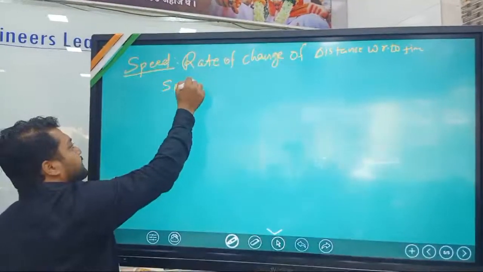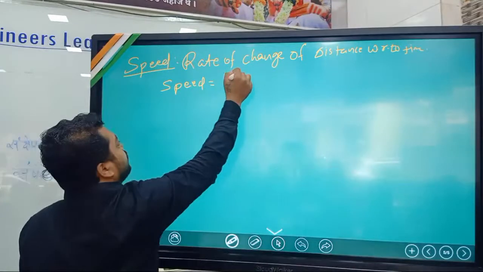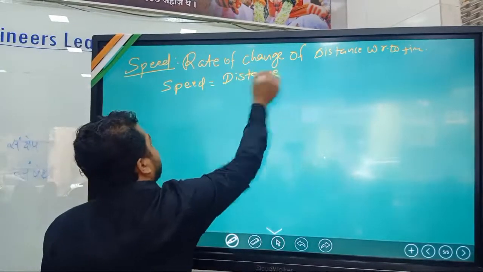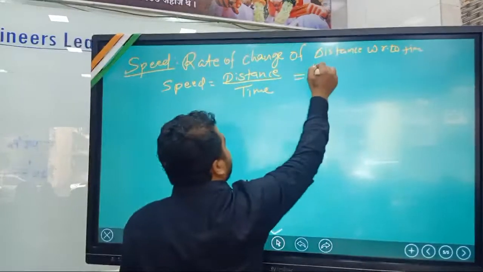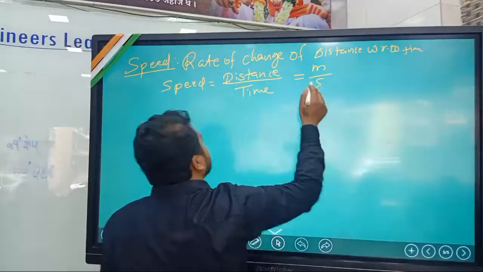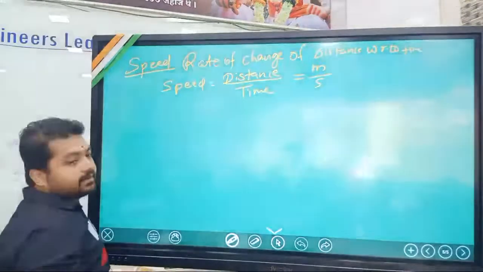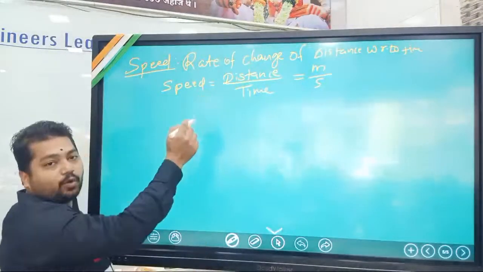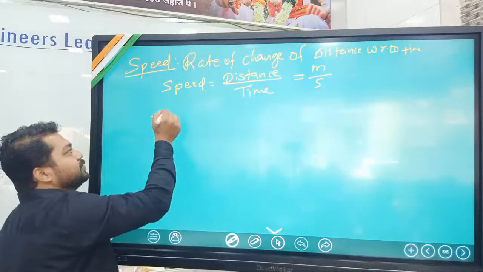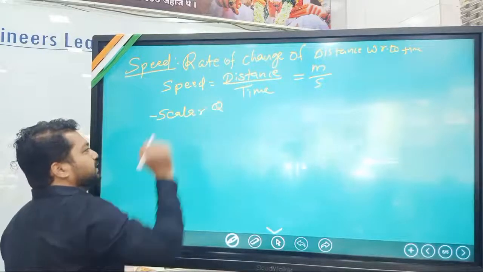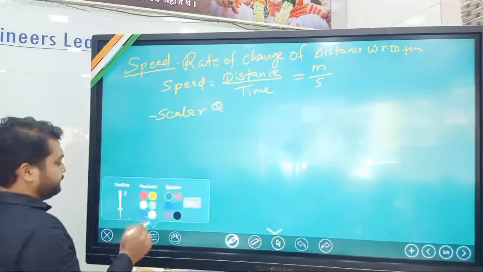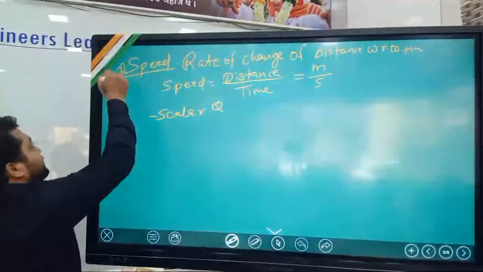Now we can write the formula. Speed is equal to distance upon time. Unit of distance is meter, unit of time is second, so unit of speed is meter per second. As distance is a scalar quantity, then speed is also scalar quantity. Fine. This was our definition 3.